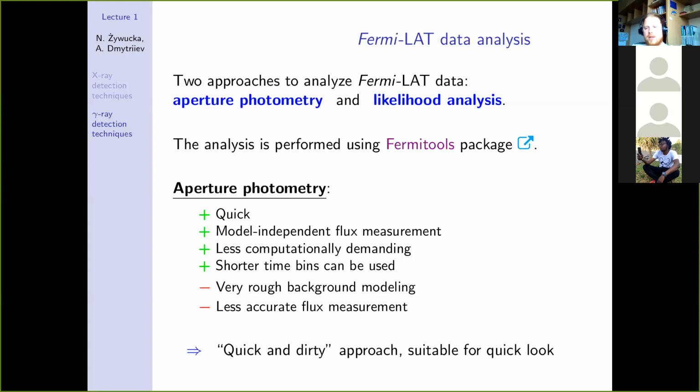This is one of the mechanisms to produce gamma rays. When talking about interaction with matter, gamma rays interact with matter via simple Compton scattering, because it's more energetically favorable for a gamma ray interacting with a low energy electron to lose energy rather than gain. Inverse Compton scattering will happen with low energy photons like infrared or optical, which are hitting high energy electrons. So we can continue next with Fermi LAT data analysis.